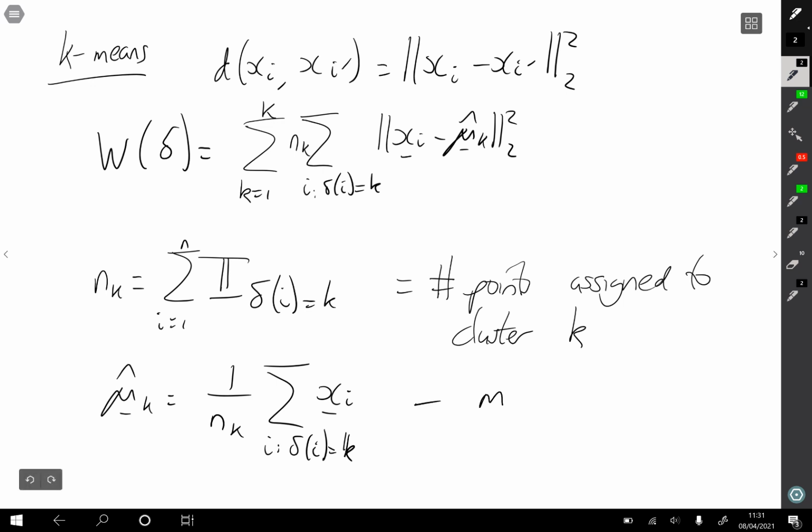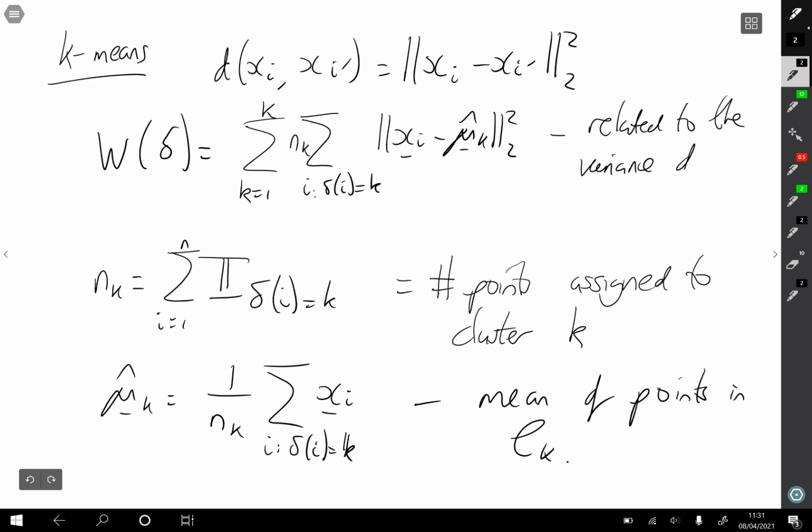So this is the mean of points in cluster k, and you'll note this is related to the variance of points in ck. It looks like the sum of the within cluster variances are proportional to this. You'll be asked to prove this on the example sheets.